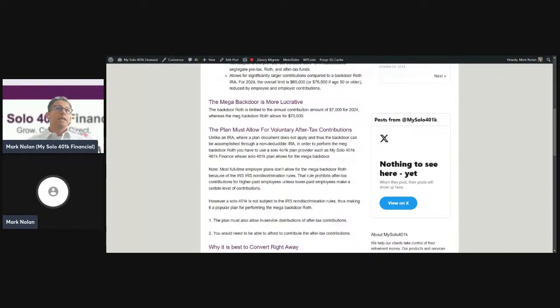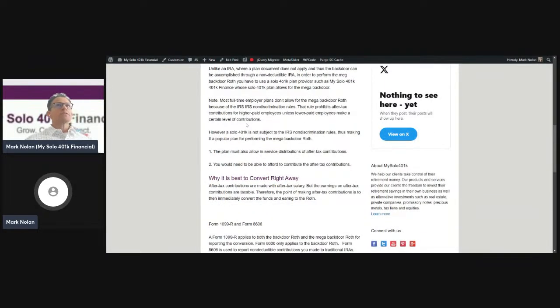So unlike an IRA, where a plan document does not apply, and thus the backdoor Roth can be accomplished through a non-deductible IRA, in order to perform the mega backdoor Roth, you have to use a solo 401k provider, such as my solo 401k financial, whose plan document allows for the mega backdoor Roth, that is.